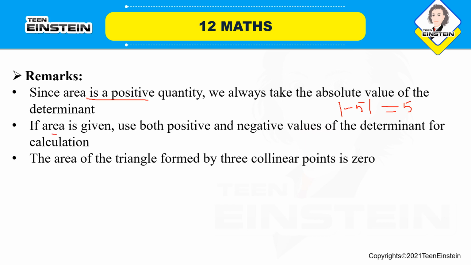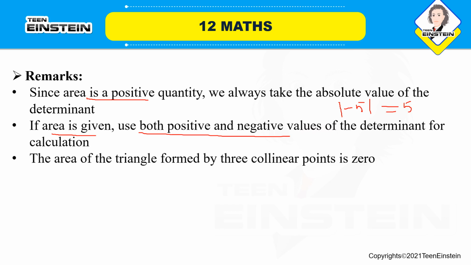Then the second remark is, if area is given, then use both positive and negative values of the determinant for calculation. What is the difference between these two remarks? Here area is given, whereas in the first remark we are only finding the area.